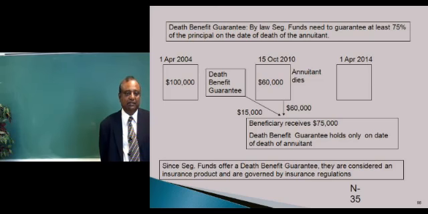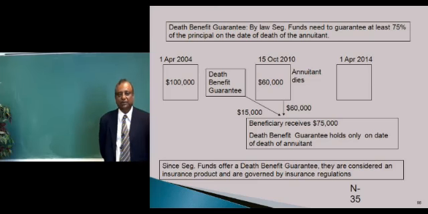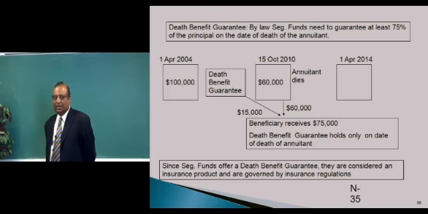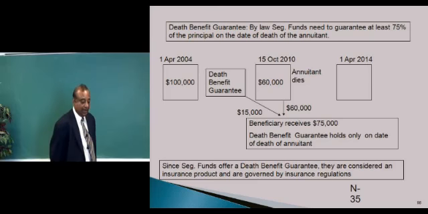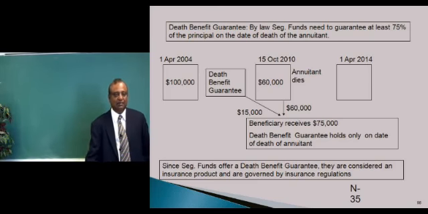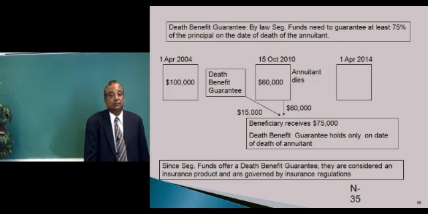Now because the death benefit guarantee is $75,000, the beneficiary will receive $75,000. Now remember, these are two different guarantees and can have differing percentages. You can have a 75% maturity guarantee and a 100% death benefit guarantee, and vice versa. The two guarantees are two different guarantees.